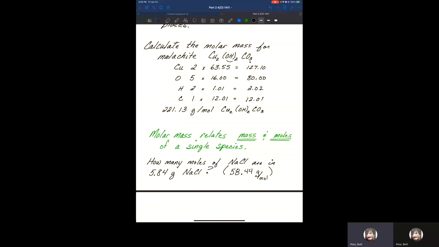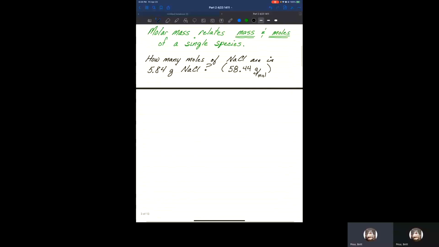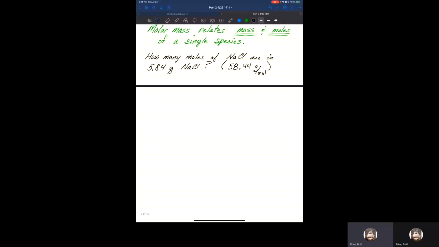And the reason why I like to include that piece of information is it is a separate skill that I would be interested in testing or assessing when I ask to calculate the molar mass for malachite. Here, with this question, I'm not looking for your ability to calculate the molar mass.